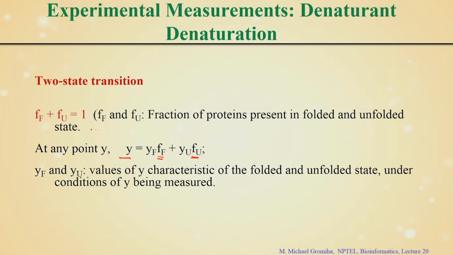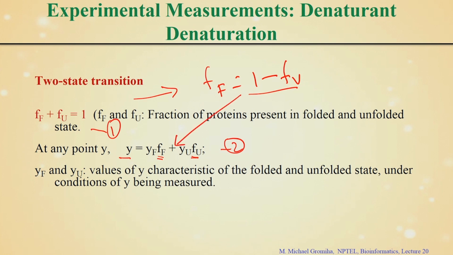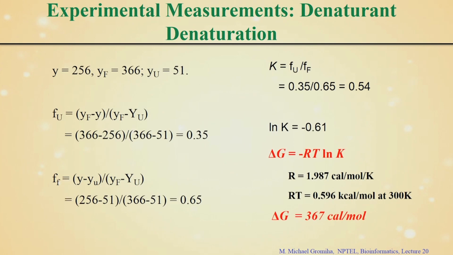Now, you compare equation number 1 and equation number 2, we can derive the values for fu and ff. For example, here ff plus fu equal to 1. So, ff equal to 1 minus fu. Now, you substitute this value in this equation, you can calculate the value of fu as yf minus y divided by yf minus yu.